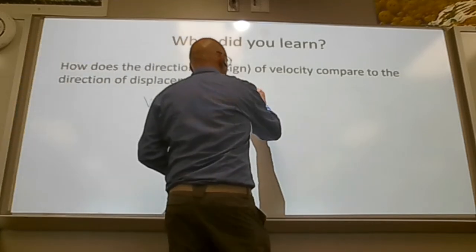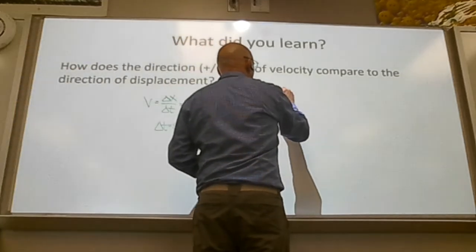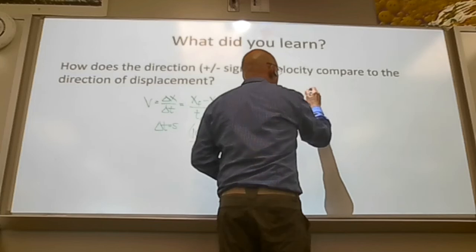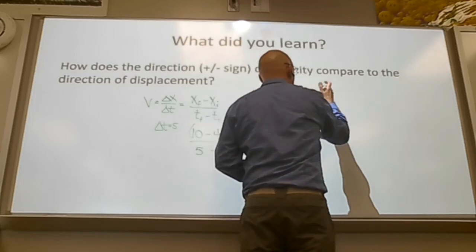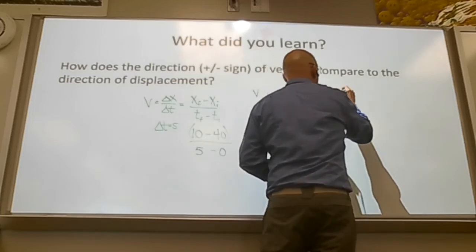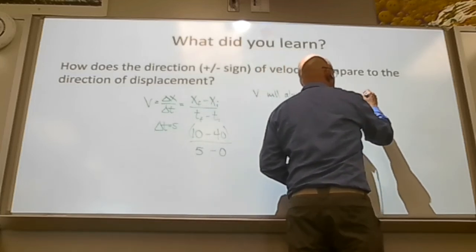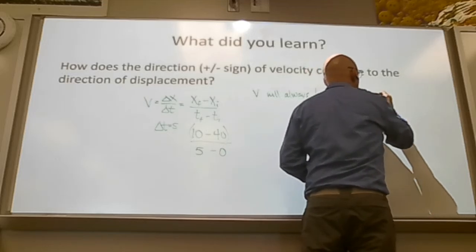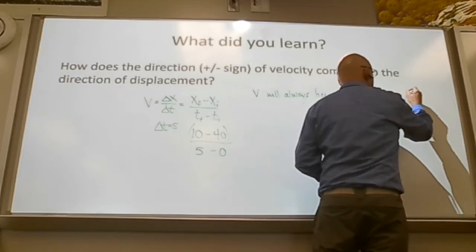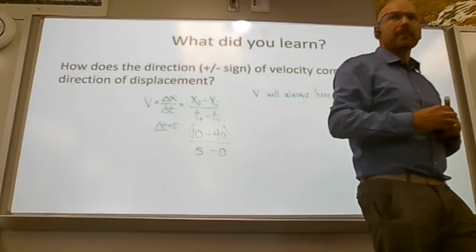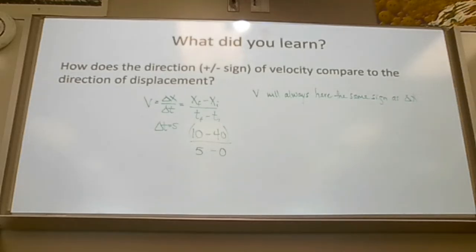So velocity will always have the same sign as displacement. It tells you which way you're going.